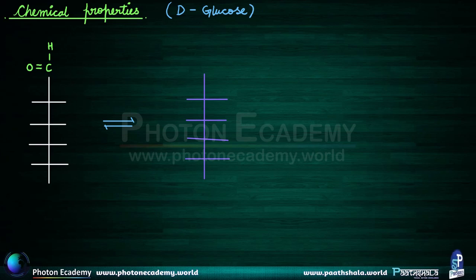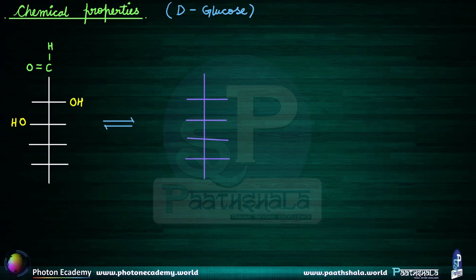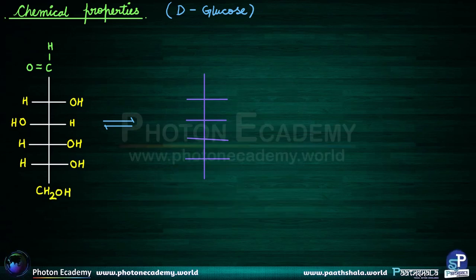Then on the second carbon, the OH was on the left, and on the rest of them, the OH was on the right. This is how we remembered the structure, and it was accompanied by H at the chiral carbons. So this was the structure of glucose that we had learnt about.